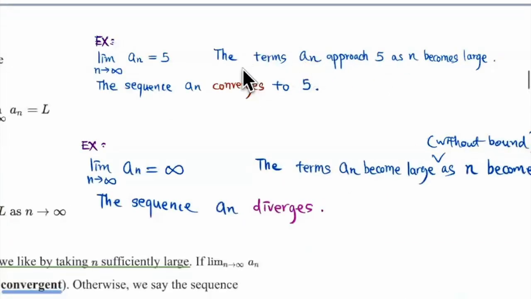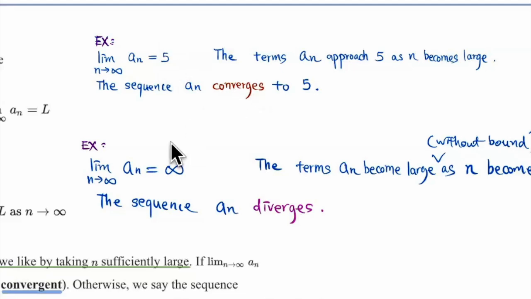It means that the trend of the sequence is going to approach 5 as n becomes large, getting closer and closer to 5. And the sequence converges to 5. When the limit is a number, we say it converges.